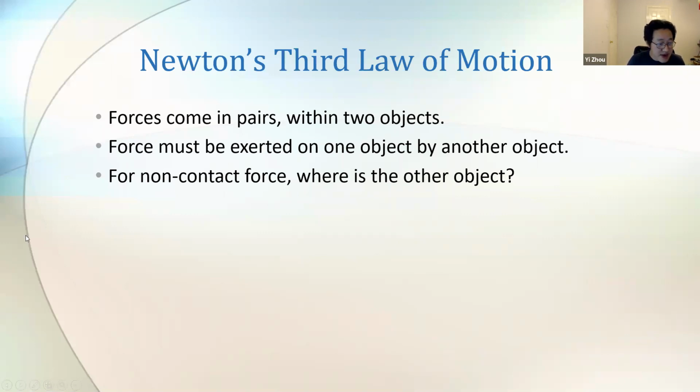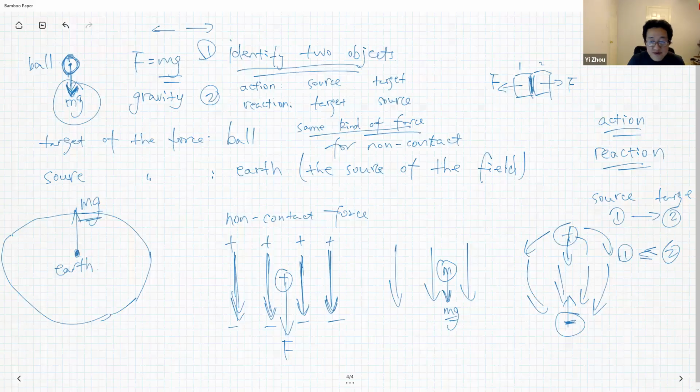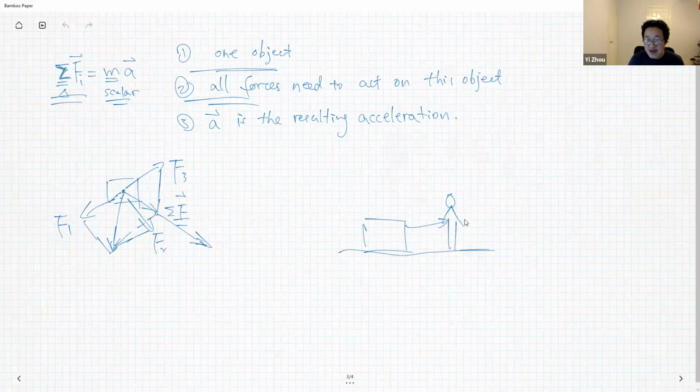All right, let's go back to my example of this guy. This guy is using a cable trying to drag a big box, right? So this guy will say, I apply a force to the box.